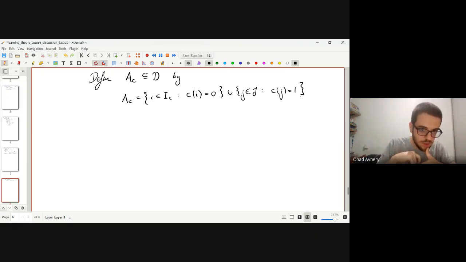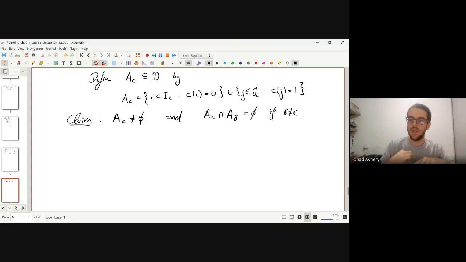Now we claim that AC is always non-empty, which is because the proposition C is 0 on VC, which means that it's not a tautology. It's always false on at least one element.